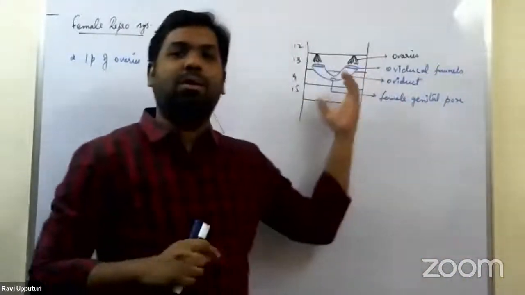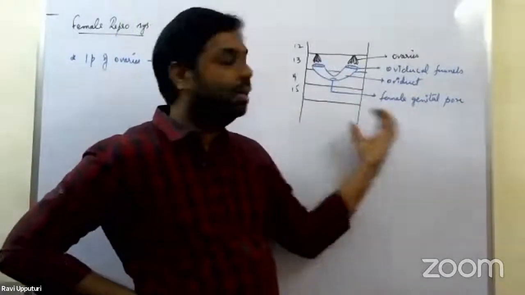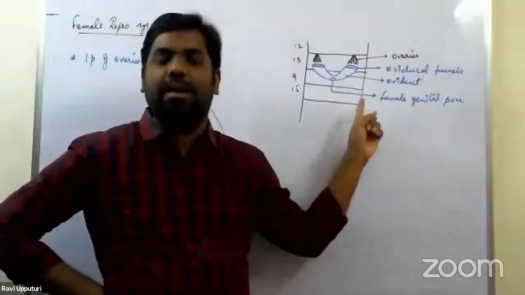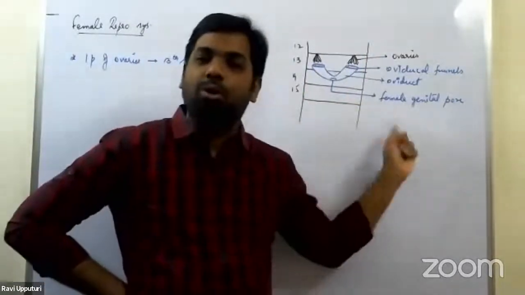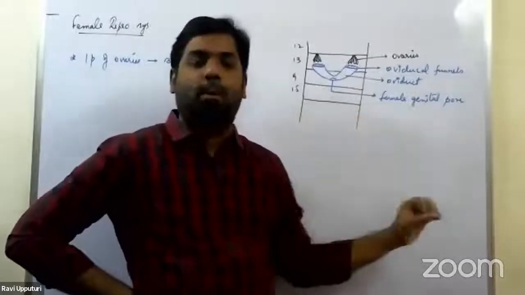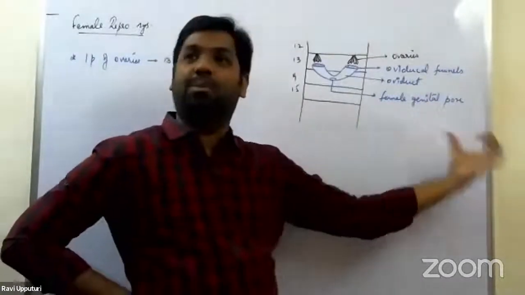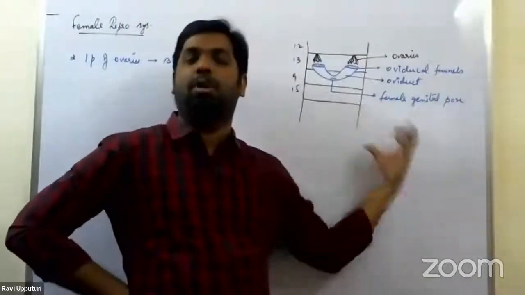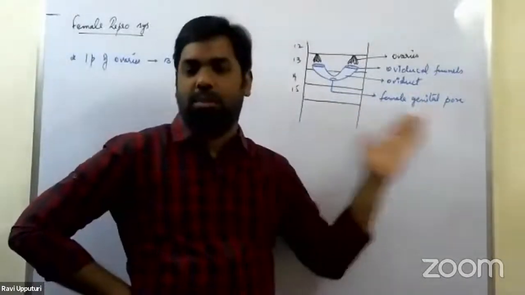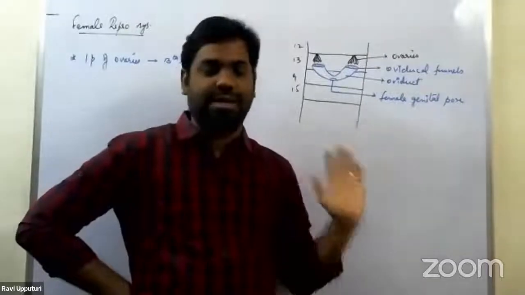Then they will conduct it through the oviducts, which extend up to the 14th segment. In the 14th segment, both of these oviducts combine together to form a common pore, which is called the female genital pore. So through this female genital pore, the ovum is released to the outside, outside the body of the worm. So this is what is present.